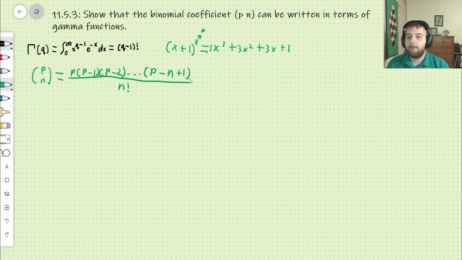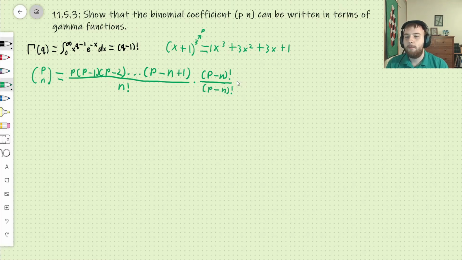So what I'm going to do for this problem is multiply the top and the bottom by an interesting form of 1. This is something we do all the time to simplify our solutions. Our interesting form of 1 this time is p minus n factorial over p minus n factorial.